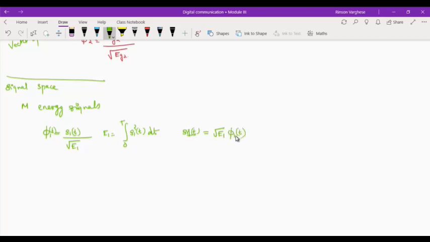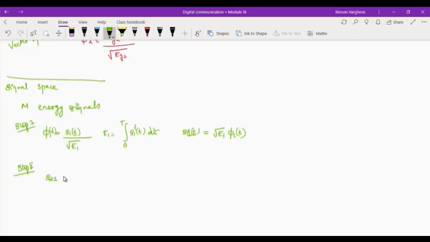This is step 1. Now step 2, to find the second basis, I need to find the contribution of my second signal in the first basis, so in the first direction.